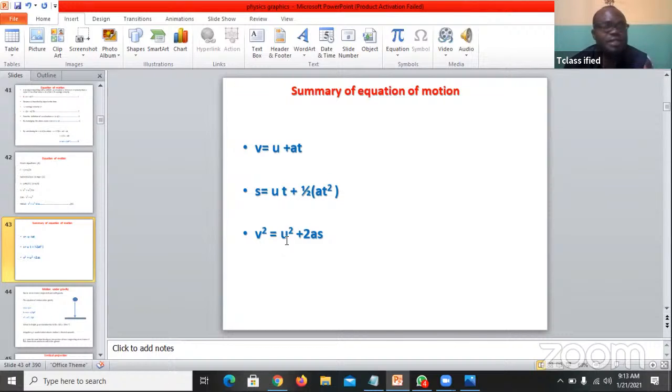Then you also have this very important equation, V squared equal to U squared plus 2AS, where V is final velocity, U is initial velocity, A is acceleration, and S is distance. Okay, so these three equations are basic and very important. We're going to be looking at past questions where we use these equations to solve problems.